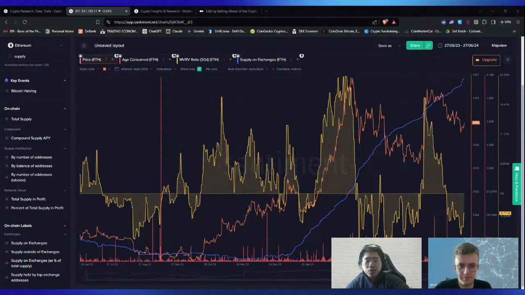So this is an additional concern, as we see Ethereum as a deflationary asset, but in the long term, it's still deflationary since the implementation of ETH 2.0. But for the short term, it's actually inflationary. So it's another concern for Ethereum holders.